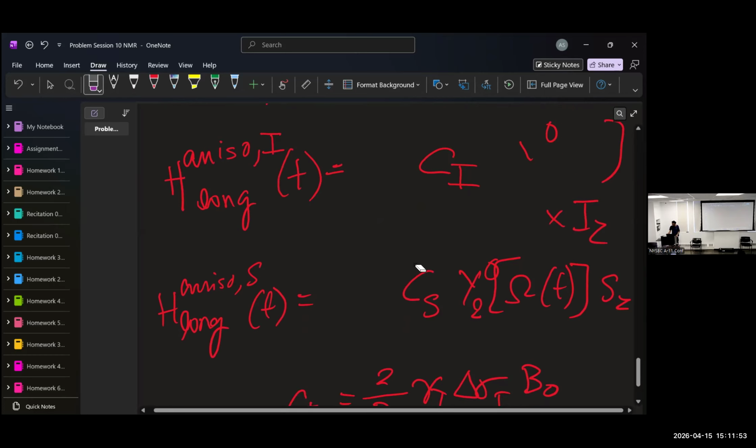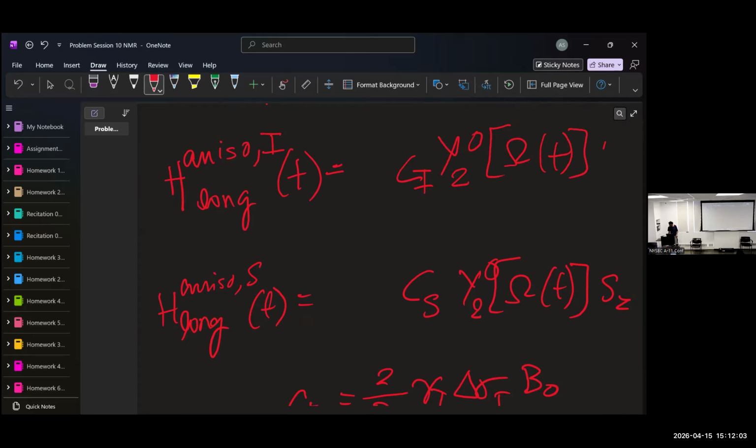Rigorously, you would consider the fact that the two tensors don't have the same orientation. Then you would do the rotation and try to align them together, like the axes? Yes, you then have to set up nested rotations inside the Y20, so it's a spherical harmonic of a spherical harmonic.